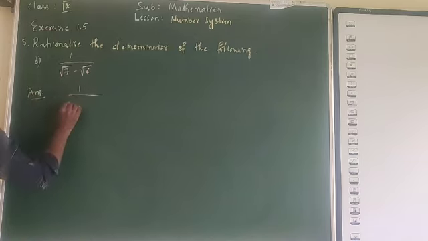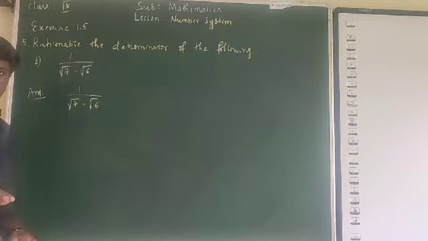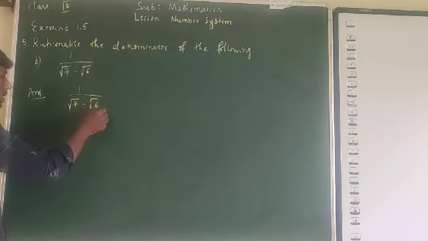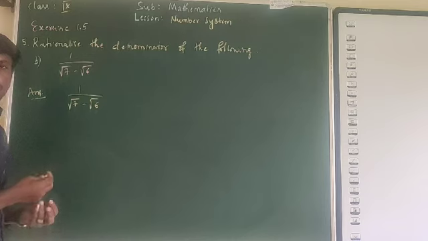So 1 by root 7 minus root 6. Here also, multiply both numerator and denominator with the same number given in the denominator but with the opposite sign.